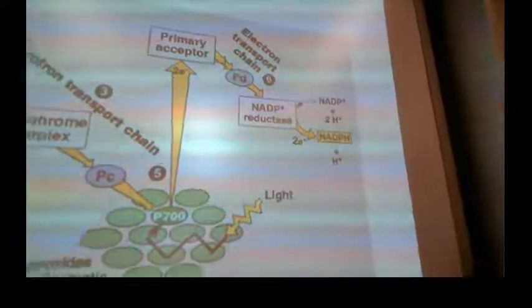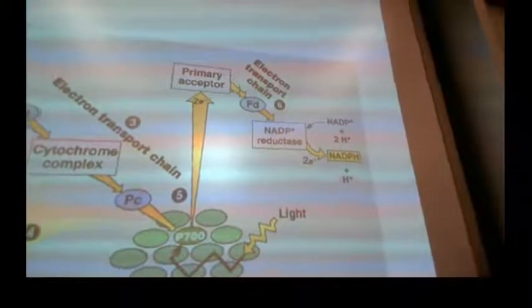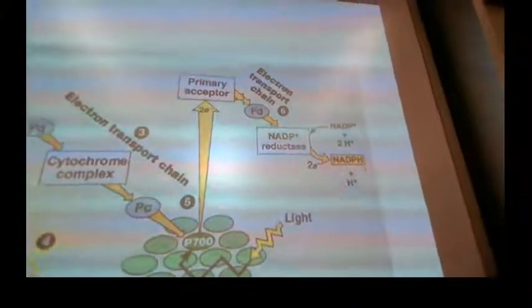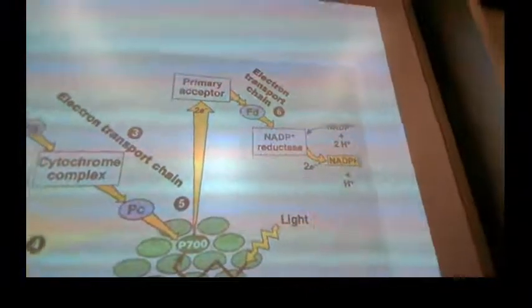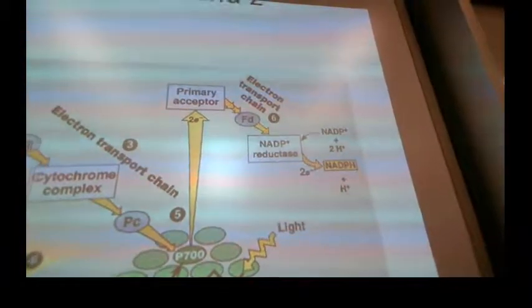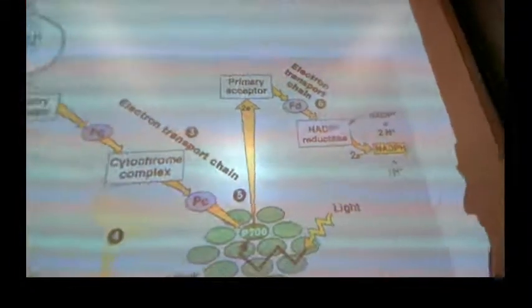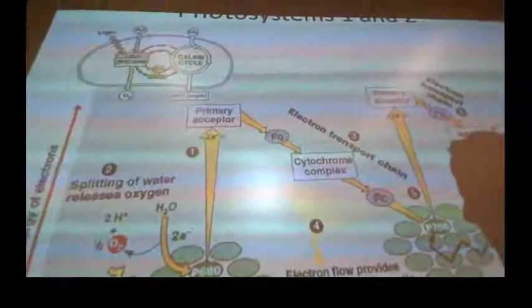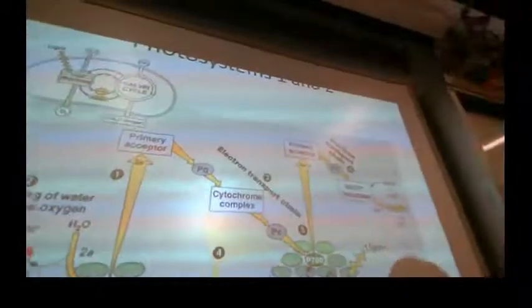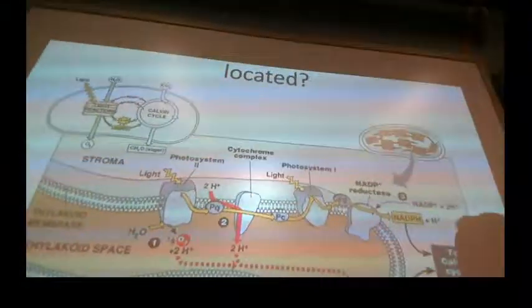So NADPH is very simply just a molecule that accepts electrons and takes it somewhere else. So let's go back to the beginning really quickly, and then we'll jump to our next slide. Actually, let's go to this slide really quickly so you can see what this looks like.